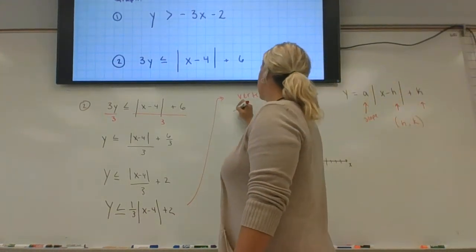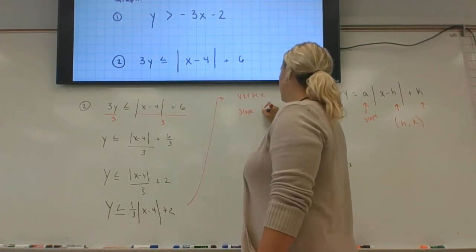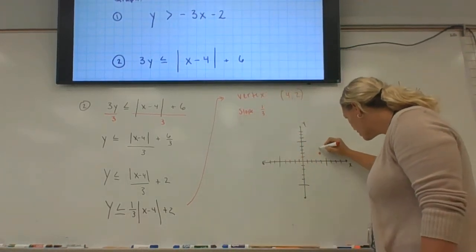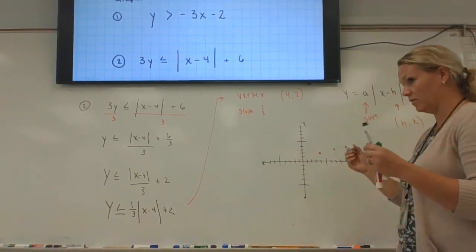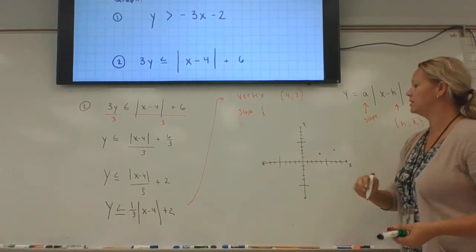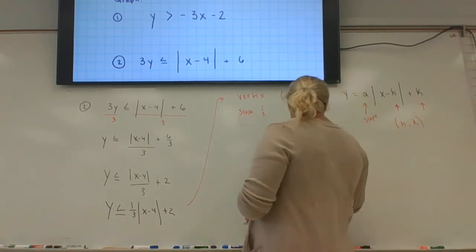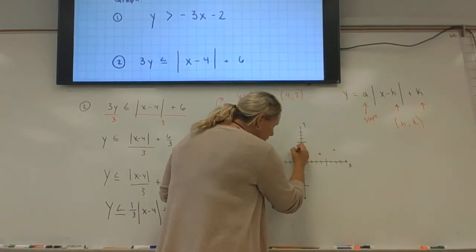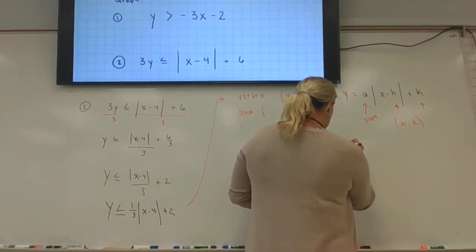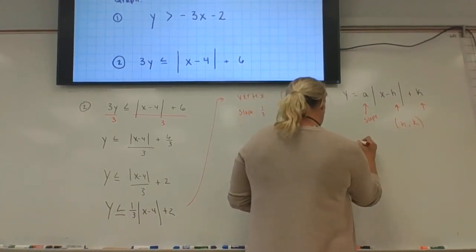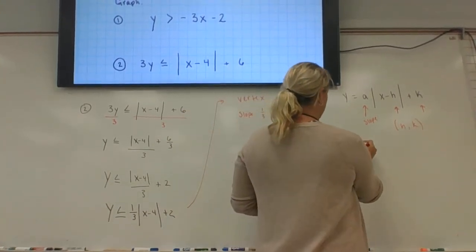I don't really want to call it M, so I'm just going to say slope on the right side up 1 over 3. So this is really a wide V shape. It's definitely compressed from the parent function. Yeah, super obtuse.